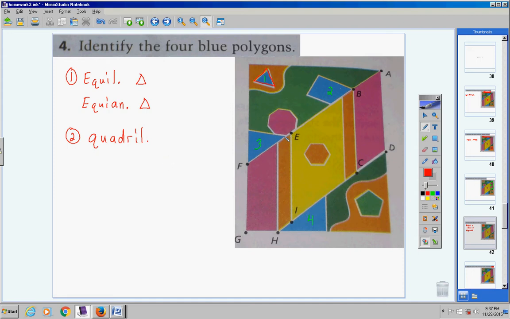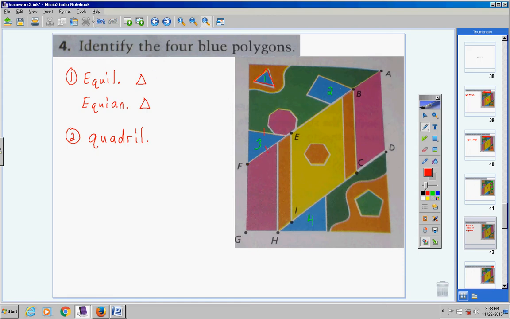Now let's take a look at number 3. Now this one here, I probably would accept a couple different answers. It's not a right triangle, that's for sure. This side here, some would say it looks to be the same length as this side. I don't think it is. But again, on a test or a quiz, I would make sure that you could tell for sure if the sides were congruent, or I would put a mark here like this, and a mark here like this.